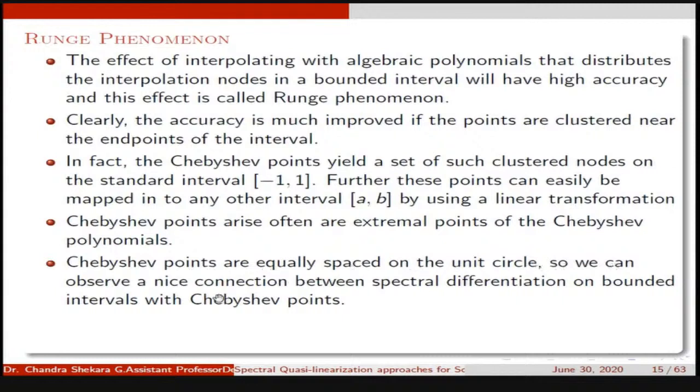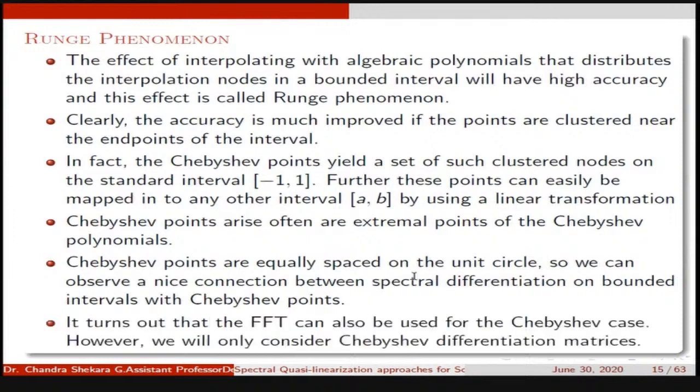Therefore, there is a nice connection between spectral differentiation on bounded intervals and Chebyshev nodes, so the derivatives are converted into differentiation matrices, which will be derived shortly. In this lecture, I'm not using trigonometric functions or Fourier transforms. Instead, I'm using only the Chebyshev differentiation matrices. One can use the Fourier transform in place of Chebyshev differentiation matrices, but that is not the interest in this talk.